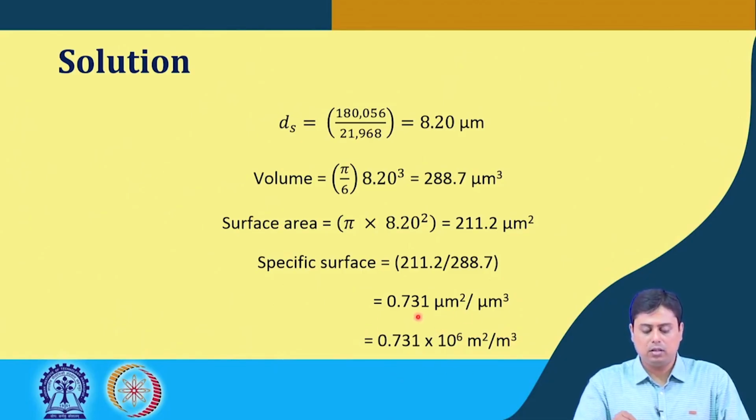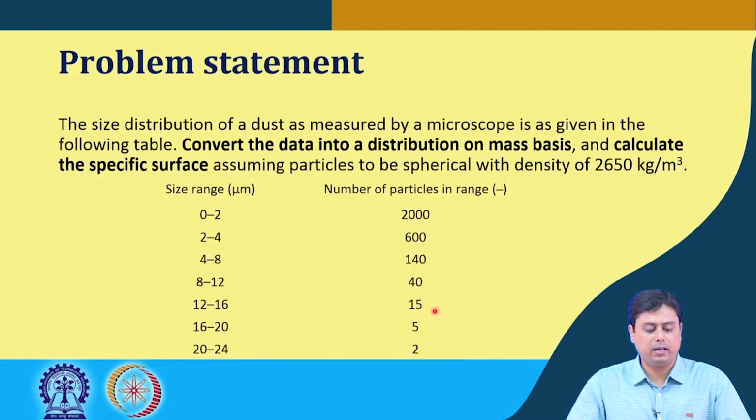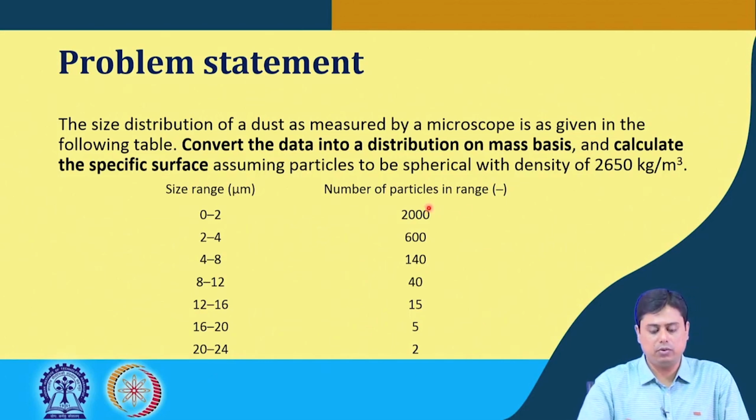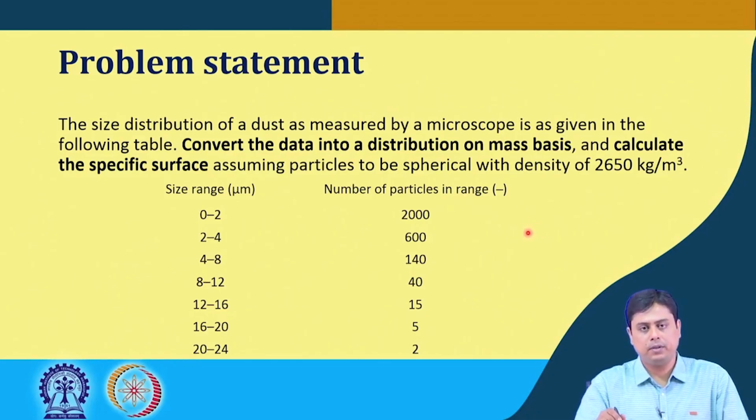So, from this problem what we have learned, first of all let me again go back to the problem and come again step by step. The problem was given as the size range and number distribution. The task was to convert this to mass distribution.